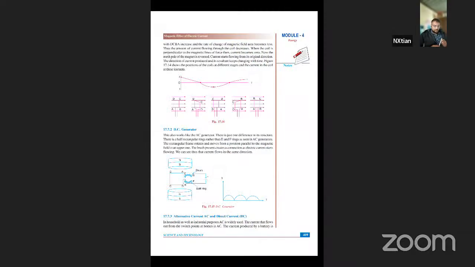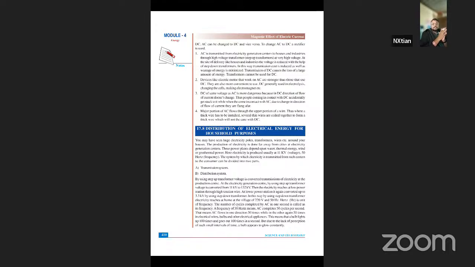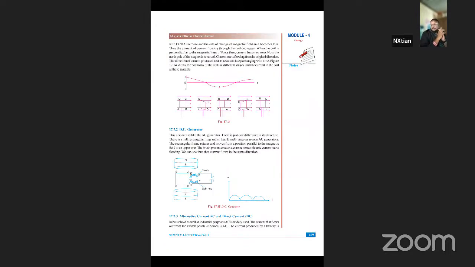Now there are some advantages of AC current over DC current. So we will check it out.